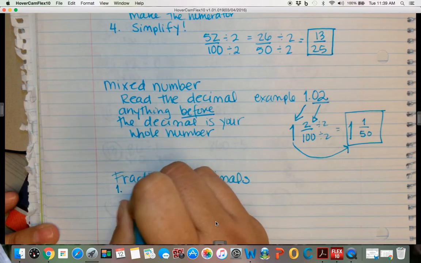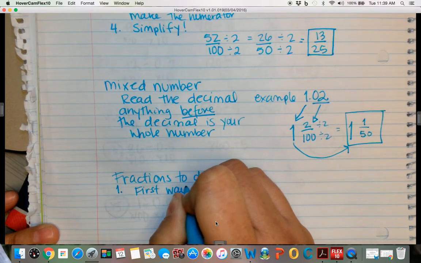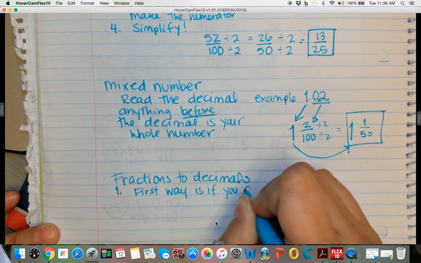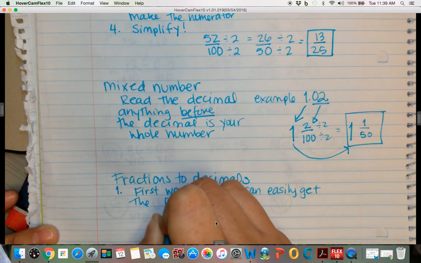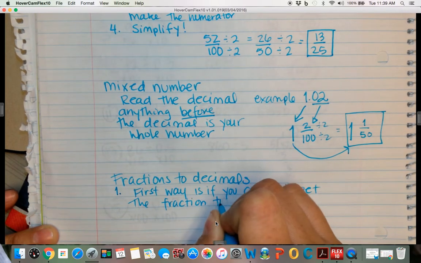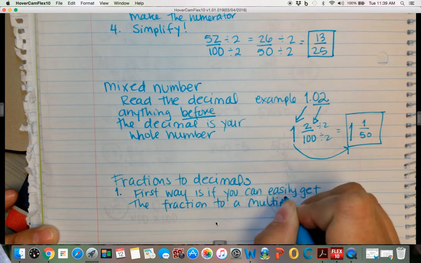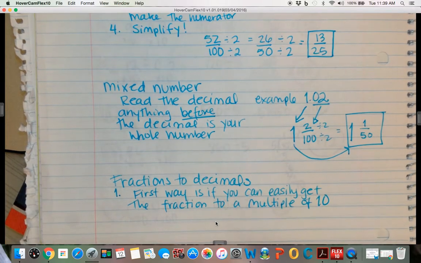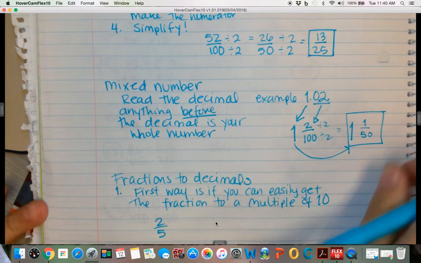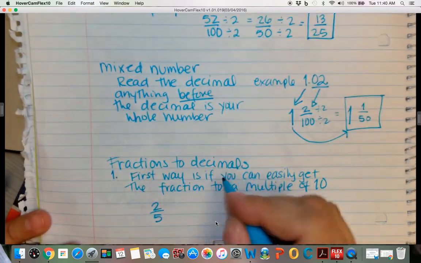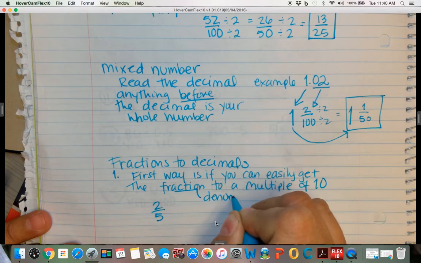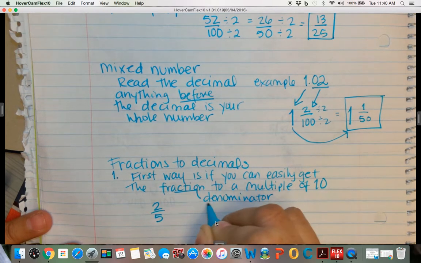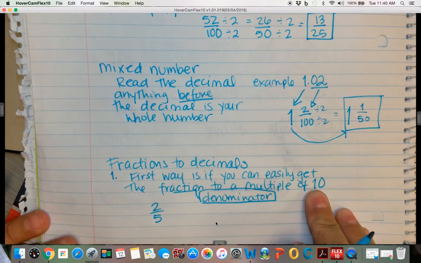So, first way is if you can easily get the fraction's denominator to a multiple of 10.